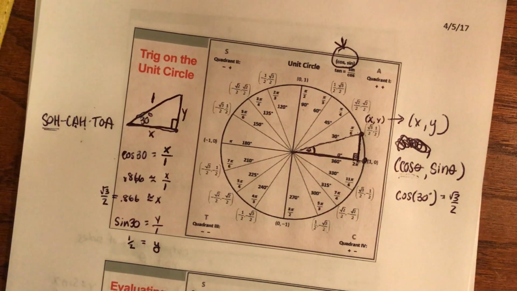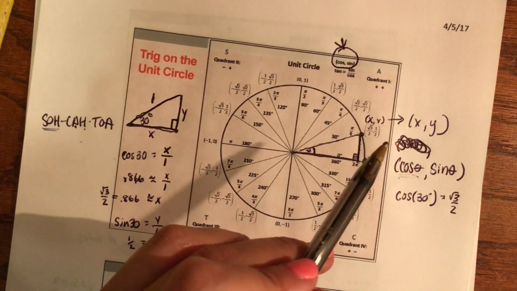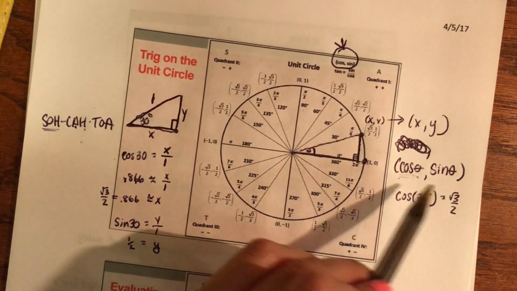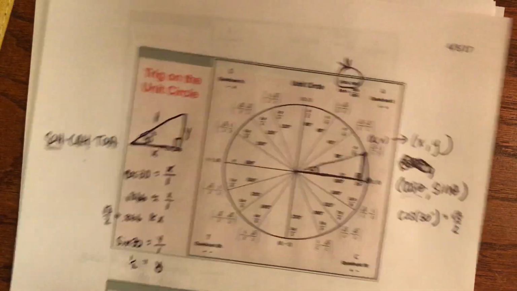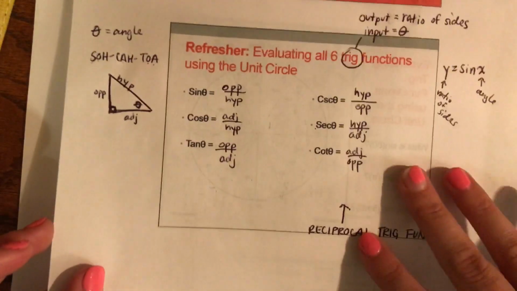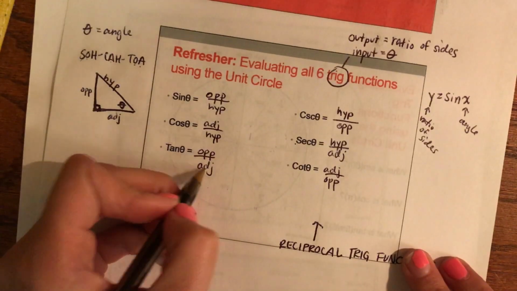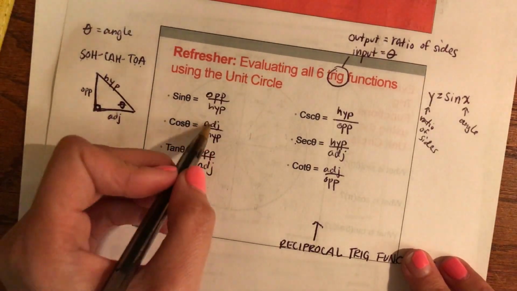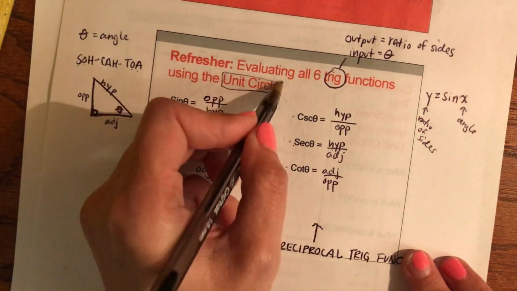Okay. And now you can actually do this for every single trig function. It doesn't just have to be sine and cosine, okay? Because if you go back here, tangent isn't just opposite over adjacent, okay? So these definitions actually aren't going to be that helpful for us when we're using the unit circle.